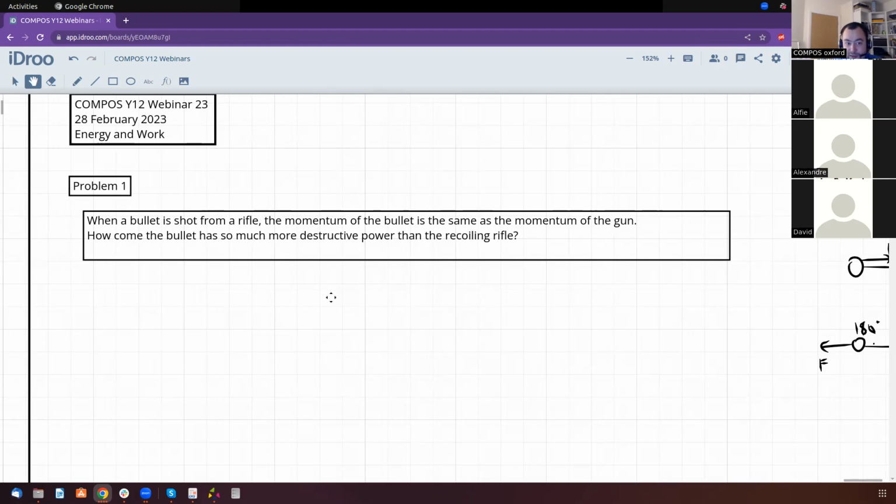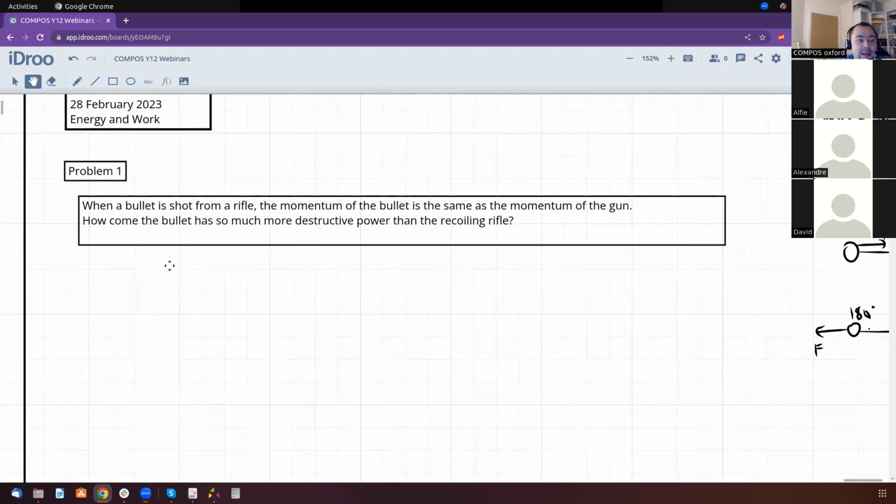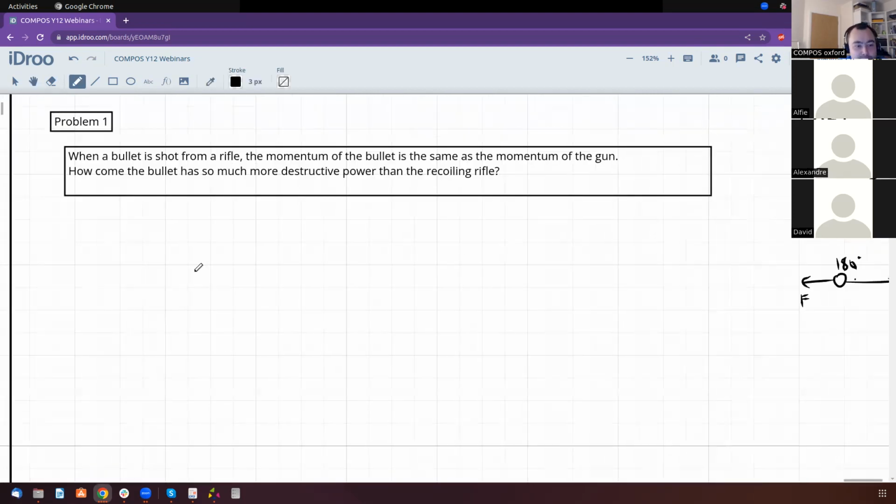But how come the bullet has so much more destructive power than the recoiling rifle? Because the momentum is the same, but the rifle doesn't do nearly as much damage as the bullet does. So let's have a look.